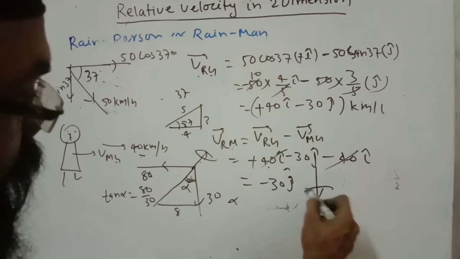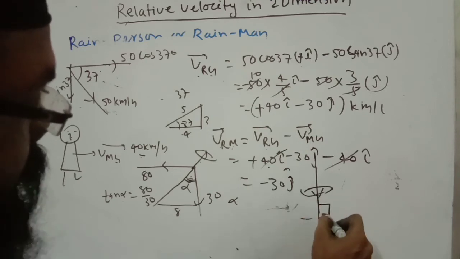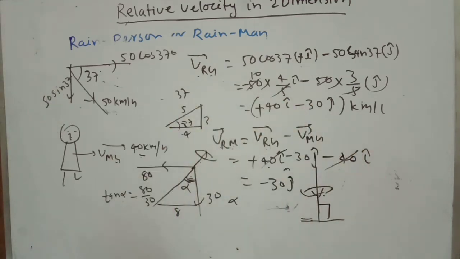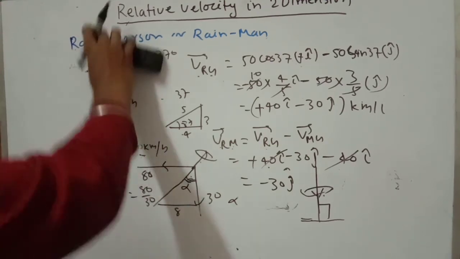So he should open the umbrella vertically upward, that means in the direction of 90 degrees. Is it clear?